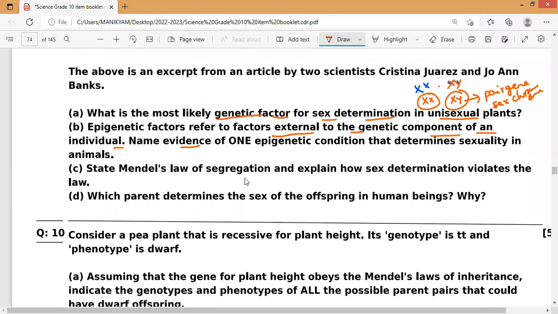So name evidence of one epigenetic condition that determines sexuality in animals. You might remember, in particular animals, when I was teaching, I taught you that temperature will decide the sex of an organism.